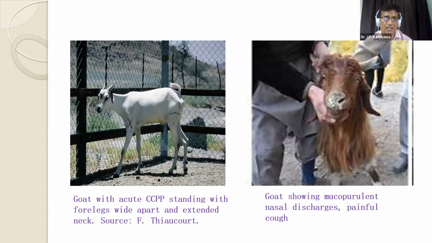If we see the first picture, the goat is showing an extended neck due to severe dyspnea, and the goat is keeping its forelimbs wide apart. The second picture shows mucopurulent nasal discharge and painful coughing.